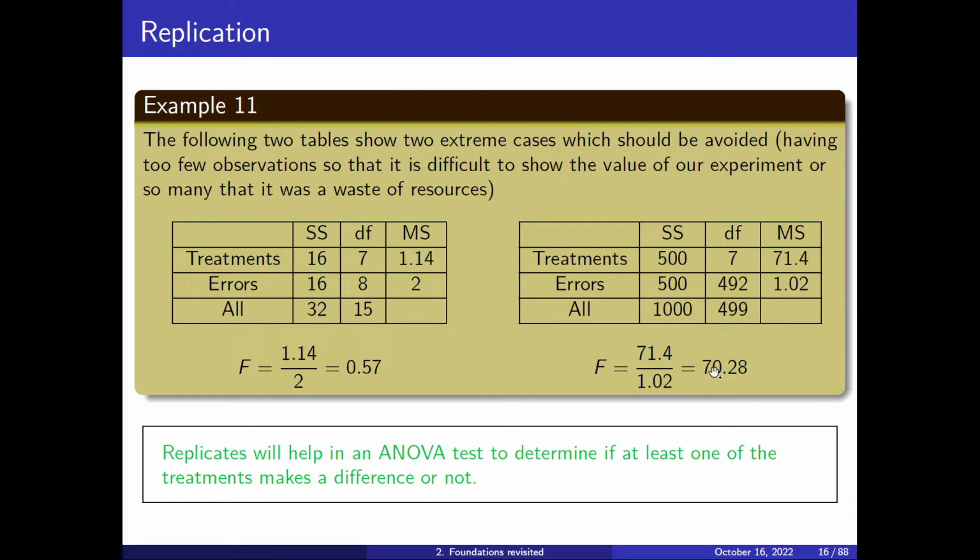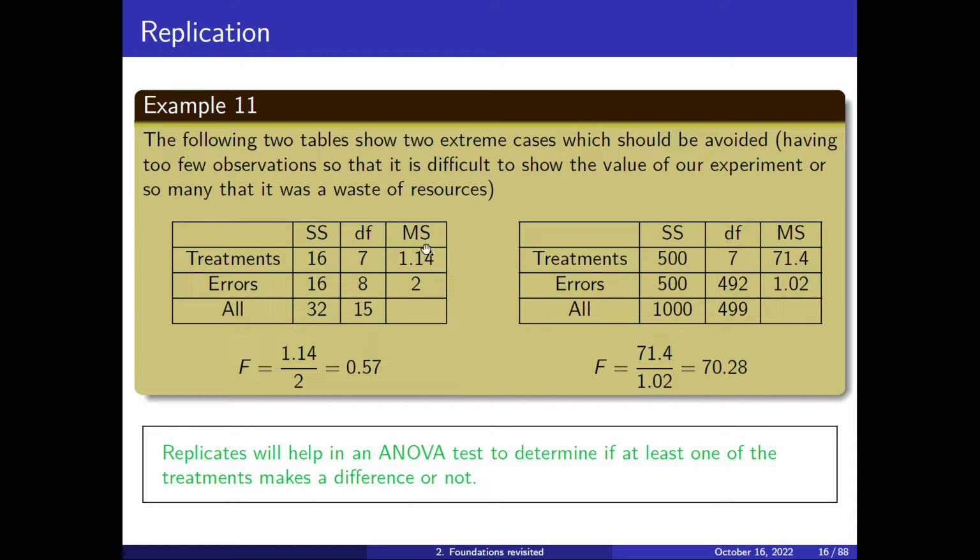And the reason is that here we have very little statistical power. We have only 8 degrees of freedom for the errors when we have 7 degrees of freedom for the treatments. I don't mean that the treatments will all be effective or not; we don't know yet, maybe all the treatments are the same.